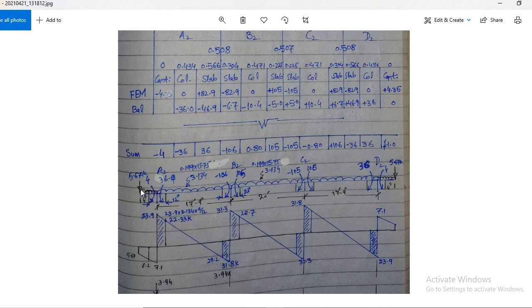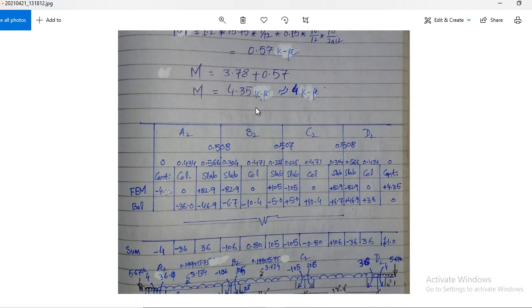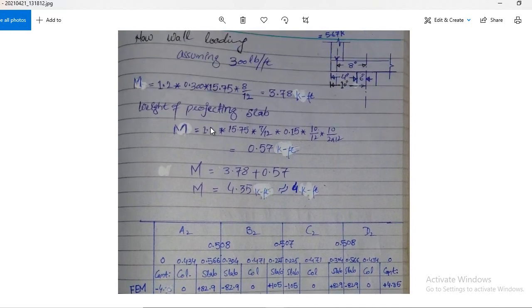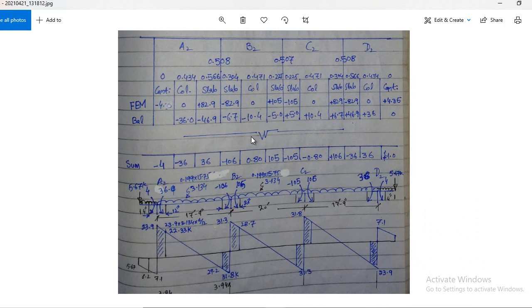Remember, this is very important: this black color you see here is the UDL loading of the projecting slab, and that loading is 0.57, not this one. You have to find it by 1.2 times 15.75 times 7 by 12 times 0.15. Clear? So you will find that movement as that UDL, because there the UDL is different and here the UDL is different.